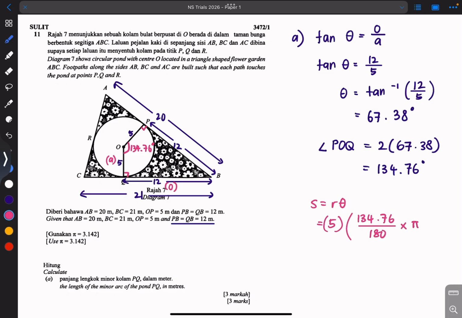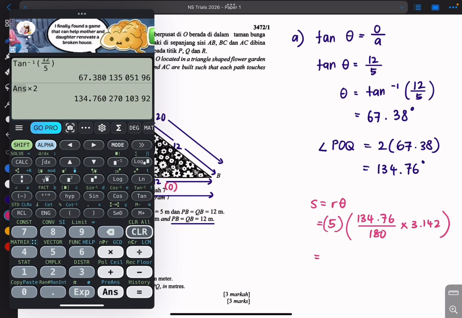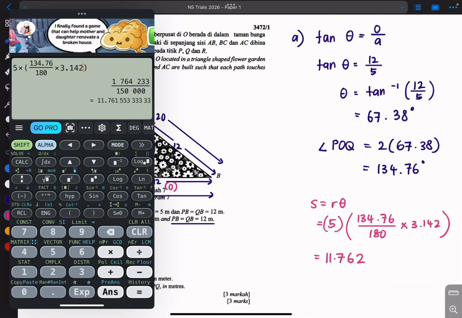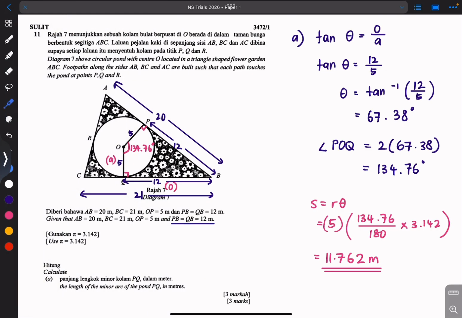Here they say pi, specifically use 3.142. So 5 times that, we get 11.762 meters. This will be the length of the arc PQ, the minor arc PQ. Done.